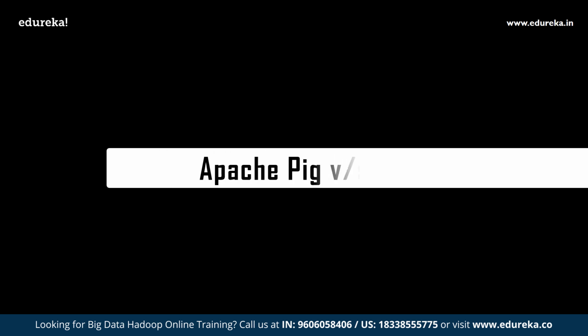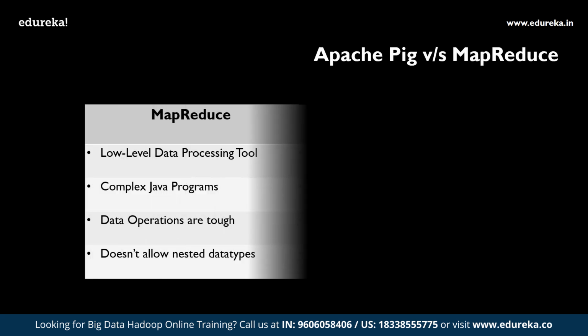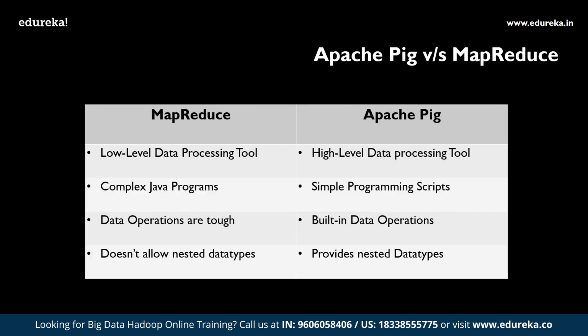Now we shall move ahead into the next topic, which is about the differences between Apache Pig and Apache MapReduce. There are basically four differences between Apache Pig and Apache MapReduce. First up, we will begin with MapReduce. In MapReduce, we have low-level data processing. When it comes to Apache Pig, it is considered a high-level data processing tool.